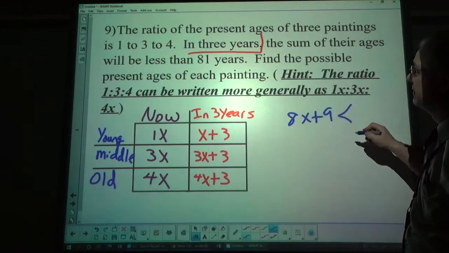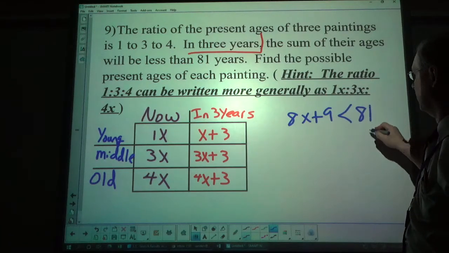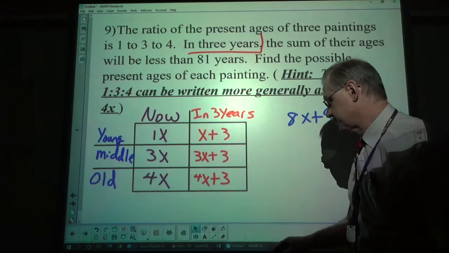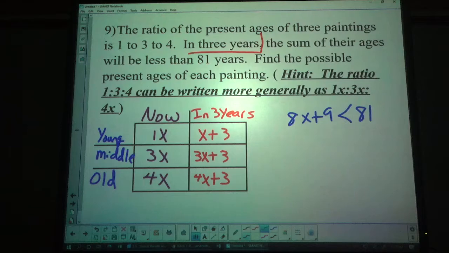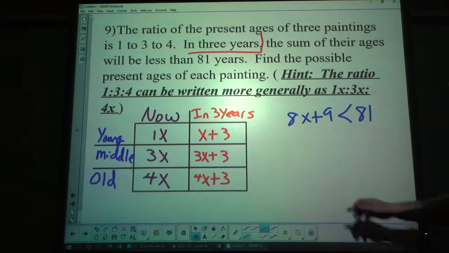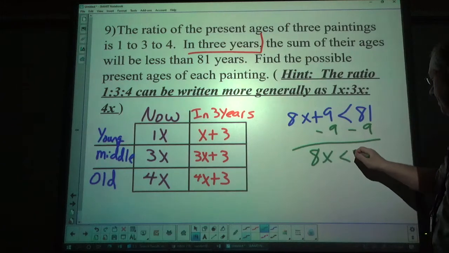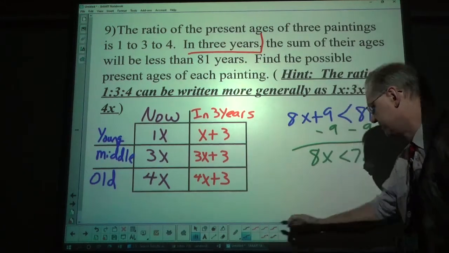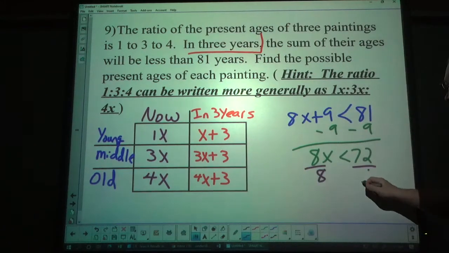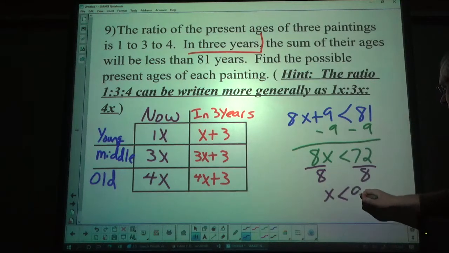Less than 81 years. So now I'm going to solve this by subtracting 9, dividing both sides by 8. Now I know that x is less than 9.